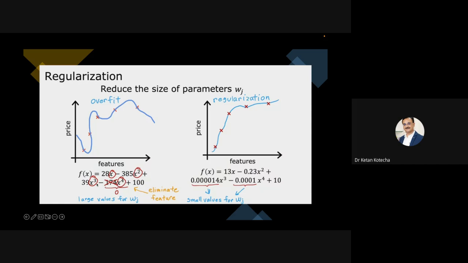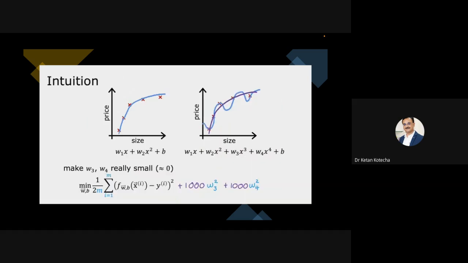Because there is an x3 and x4. You need to eliminate them. What you do is, you make their coefficient very small. How to make it? You do regularization. That's the next slide. If you regularize this, it will be at this curve, which is definitely better than this one, right? So doing that, there are multiple kinds of regularization.